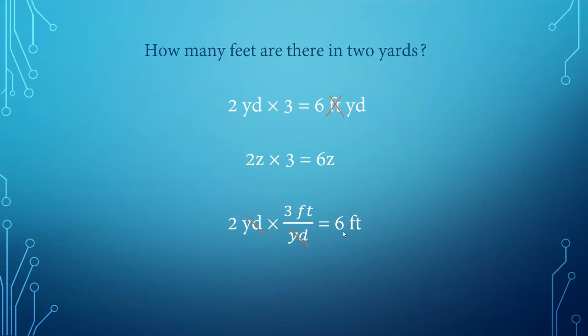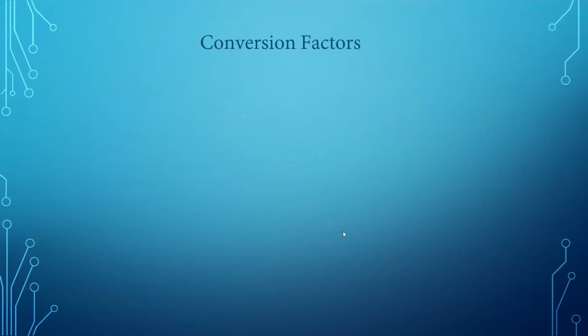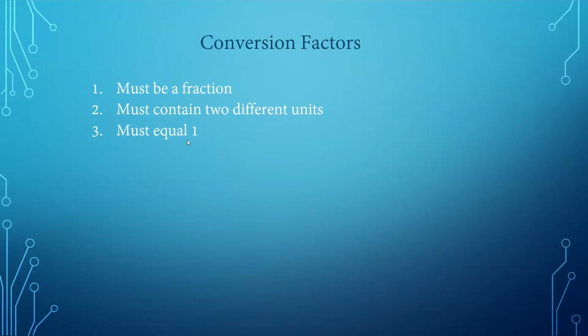So when you're using conversion factors, there are 3 things that are important to recognize a conversion factor. First of all, they're always fractions, like the 3 feet per yard. Second, they have to contain 2 different units. It's normally the unit you're starting with and the unit you would like to get to. And then finally, they have to equal 1.